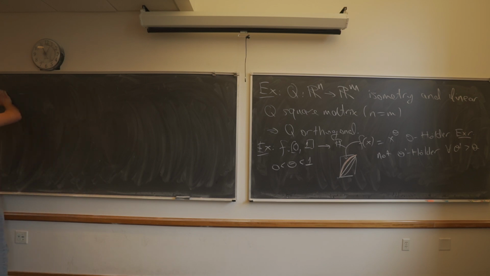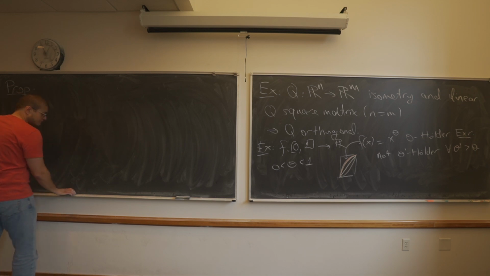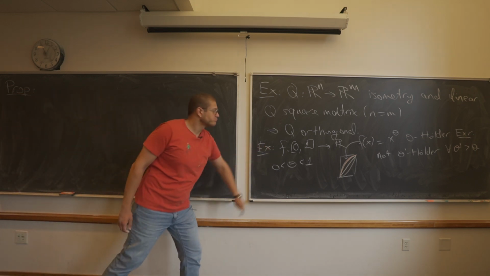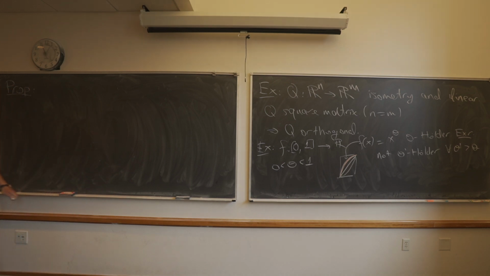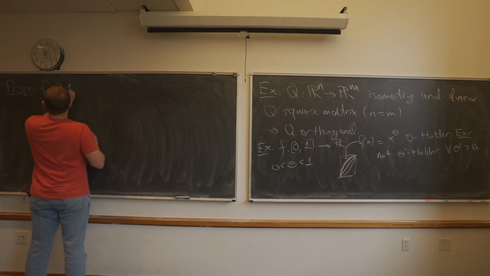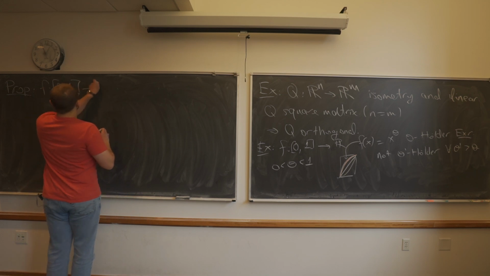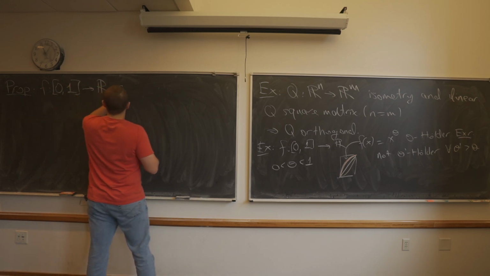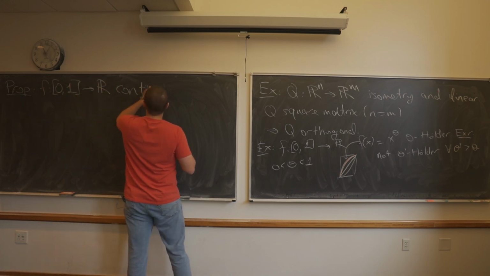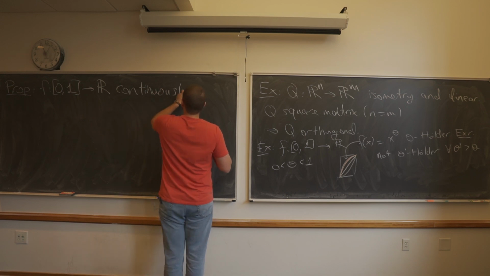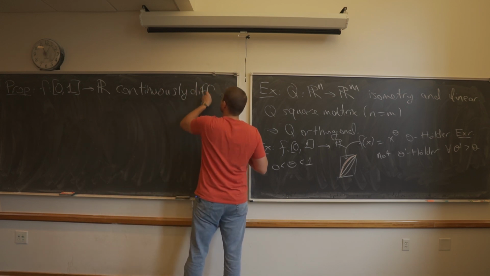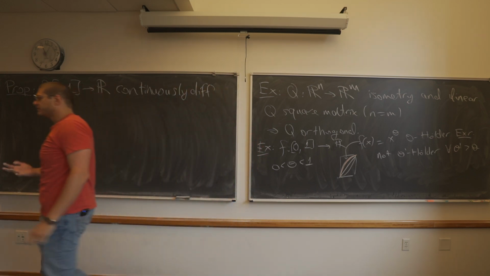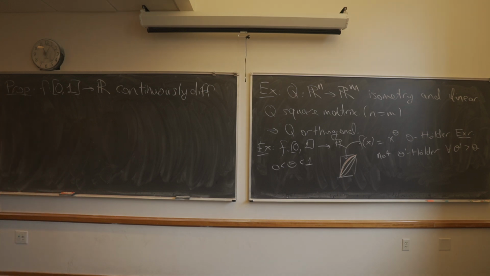proposition, let me prove this. I'm going to take a function like this, and I would like it to be continuously differentiable. What does this mean? This means that it is differentiable. So f prime, this other function, exists for any point x.